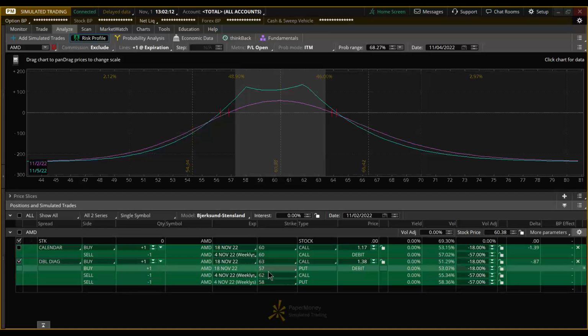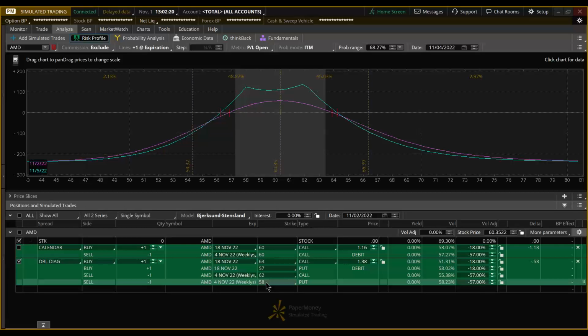And the spread, if you'll remember, I went 57 versus 58 in the puts, $1 wide spread. So this double diagonal actually takes on the risk of the debit and the spread, the $1 spread. So it takes on a total risk of $238 as the worst case scenario, whereas the calendar only takes on the actual debit itself. That's it. There is no other hidden risk in spread risk or anything like that.